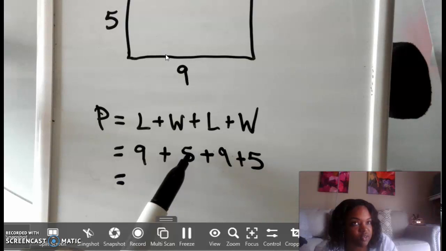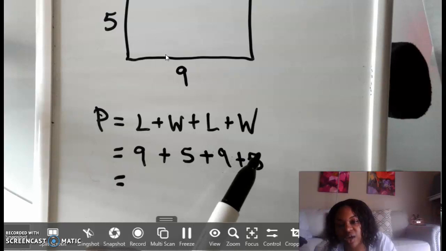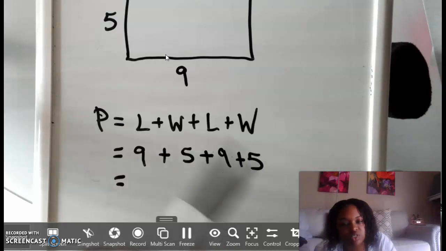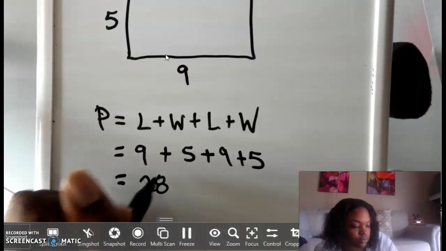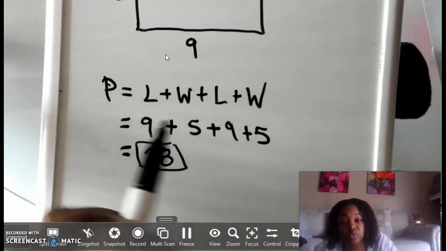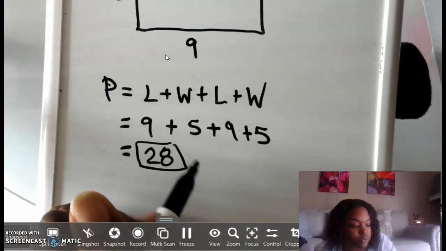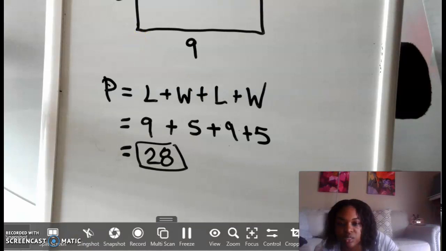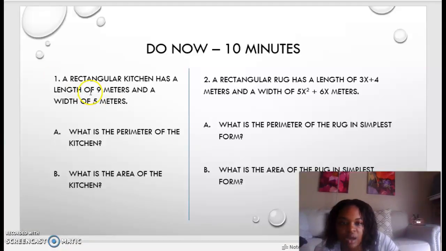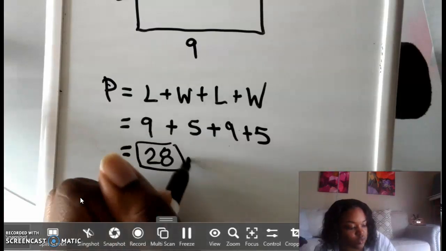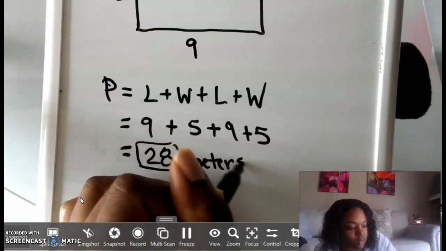Plus 5, 19, 20, 21, 22, 23. Plus another 5, 24, 25, 26, 27, 28. So our perimeter would be 28. And more specifically, our units here, if we go back to the PowerPoint, are meters. So this is 28 meters.